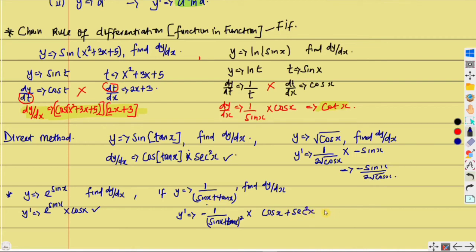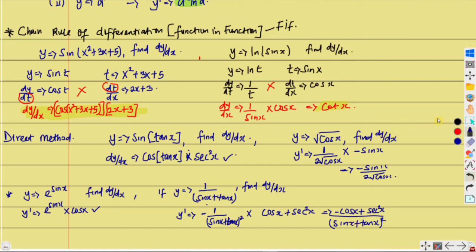So the direct answer to this can be this, or you just write negative cos x plus sec squared x all over sine x plus tan x, all squared. So the direct method is very important for students to practice. Please, you need to practice this method more, as it will be very important in solving a lot of questions when we talk about this particular topic.